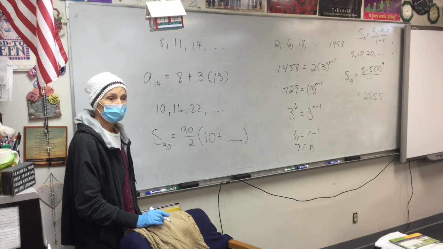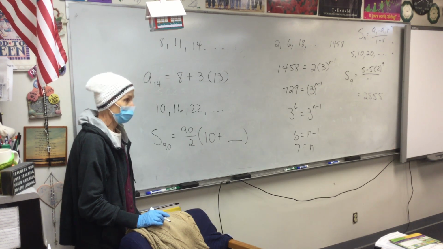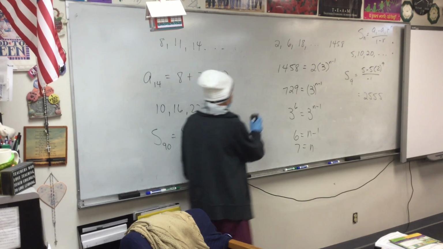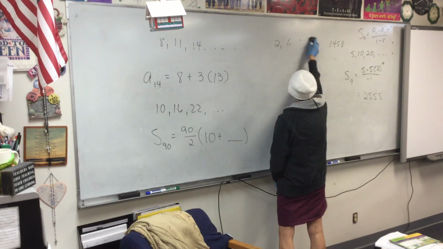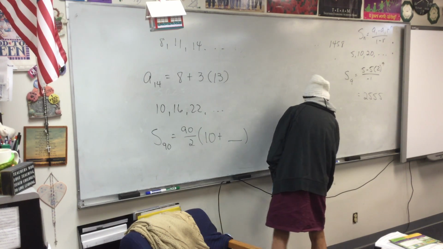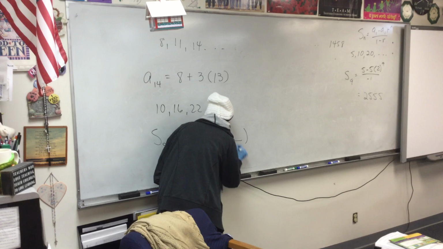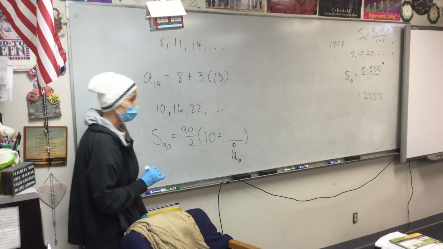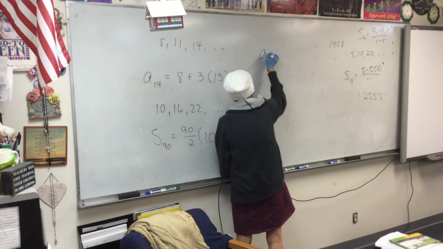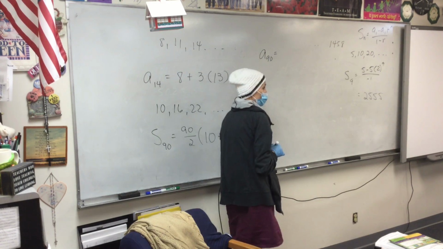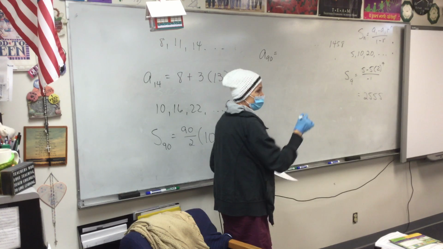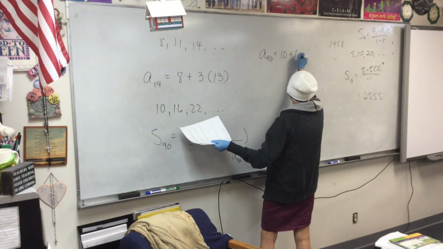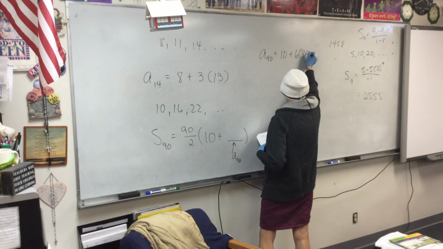So what do I need to do? I need to find the last term. Even though it didn't ask me that question, over to the side, I'm going to have to find the 90th term. And that's what's going to go in that spot. So here we go. What will that look like? The 90th term of this arithmetic sequence: 10 plus 6 times 89.